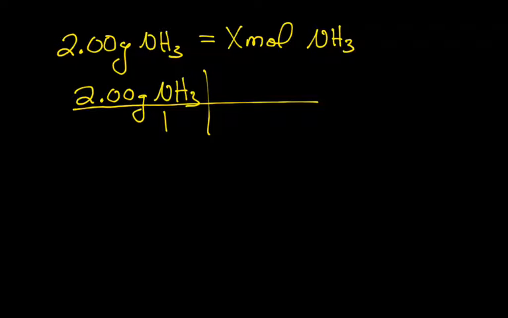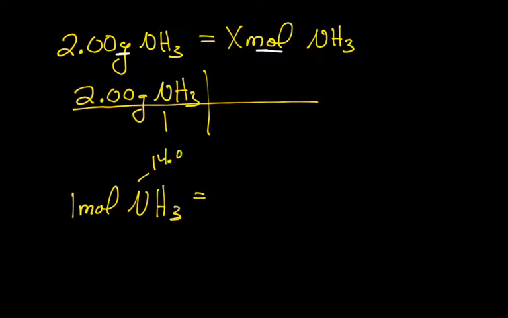And now we need to find an equality that has the units grams and moles in it. And that would be 1 mole of ammonia equals the molar mass of the ammonia, which remember you get off the periodic table. So it would be the mass of 1 nitrogen, which is 14.01 grams, the mass of 3 hydrogens, each of which is 1.01 grams.